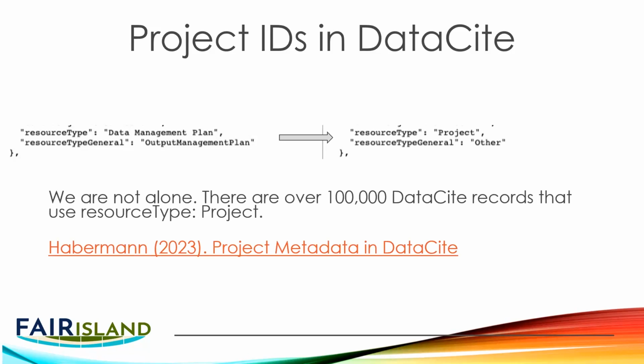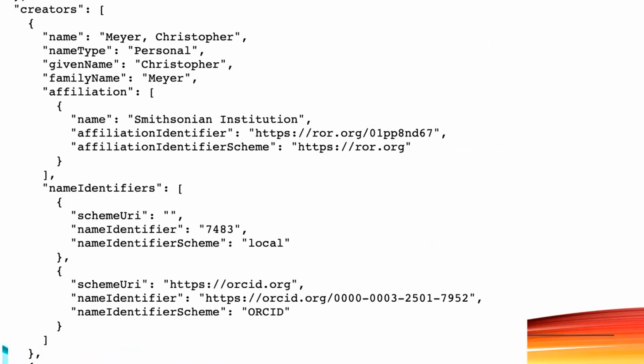I also just want to note here that we're not alone in this idea of having projects as a DataCite DOI or DataCite metadata. And Ted wrote a blog recently about project metadata in DataCite, and there are over 100,000 DataCite records that are using resource type project. So when you're wanting to cite a project, there is precedent for doing that this way.